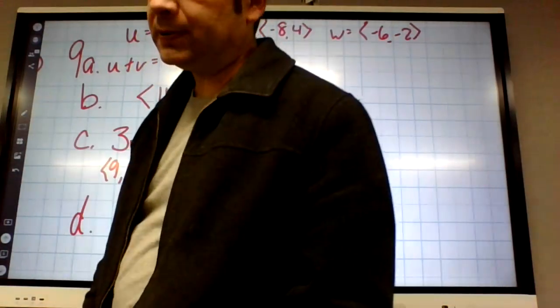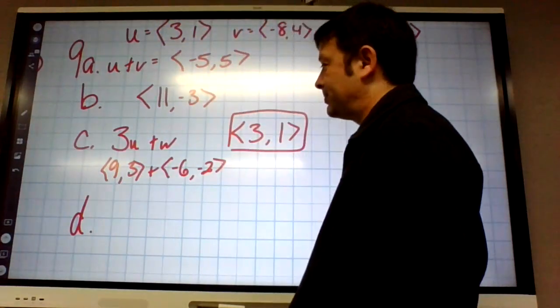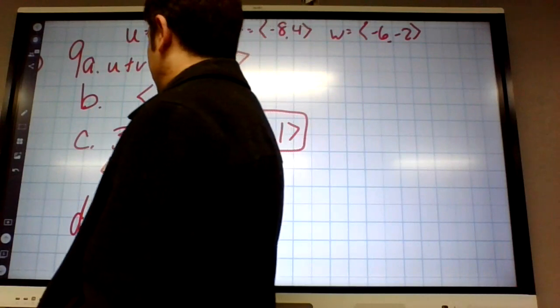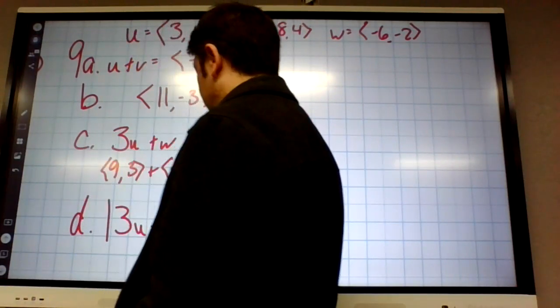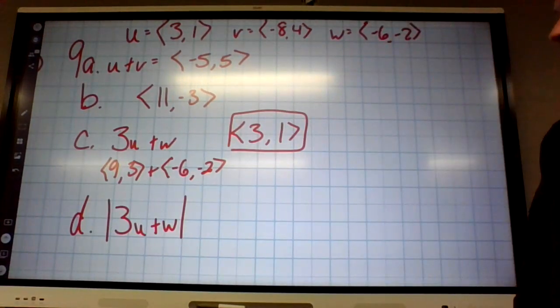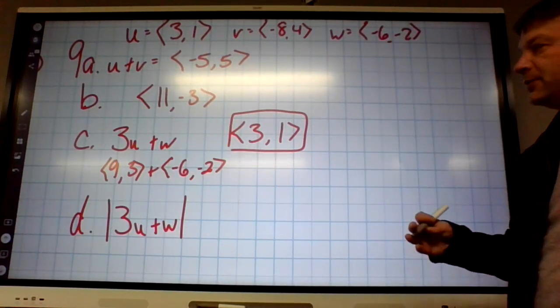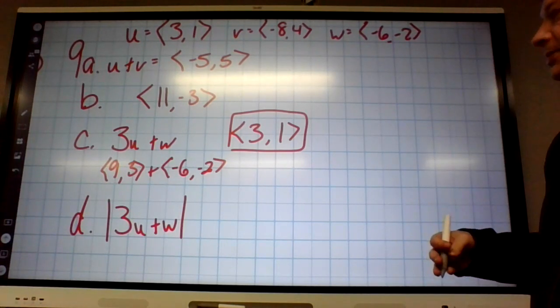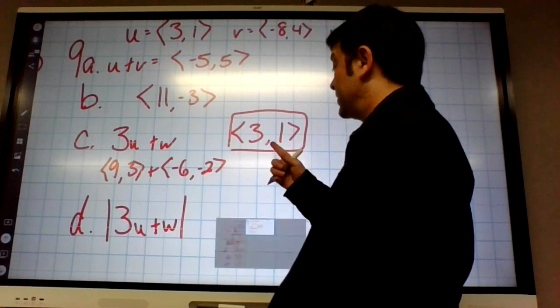D. Okay, D says the same thing as C except it puts absolute values around it. So what does that mean if it puts absolute values around it? It has to be positive. Yeah, you find the length of the vector. It doesn't mean absolute value, it means find the magnitude, the length of the vector.